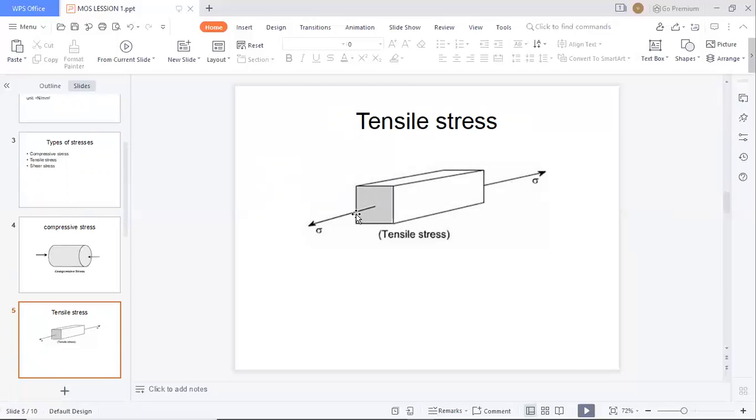These forces pull the body. This is called a tensile force. So what is meant by tensile stress? The tensile stress means the tensile force by the cross-sectional area. That is called tensile stress.